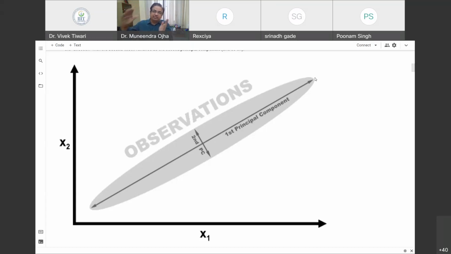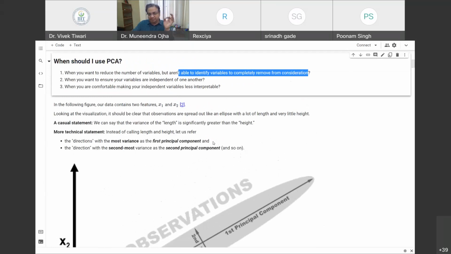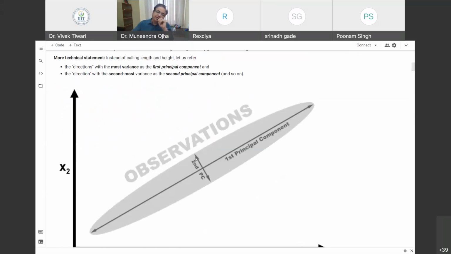This maximum variance is explained by this line, and this line becomes the first principal component. Then the second will be perpendicular to this, in the direction which explains the remaining maximum variance. So the first principal component explains the first maximum variance, the second principal component explains the second maximum variance, and so on.